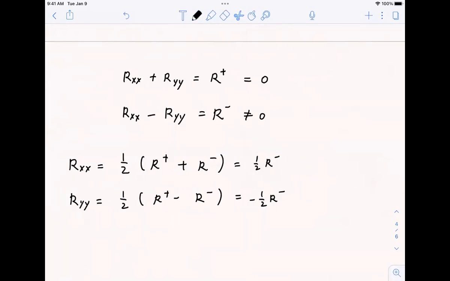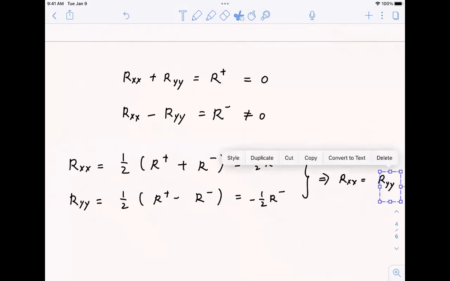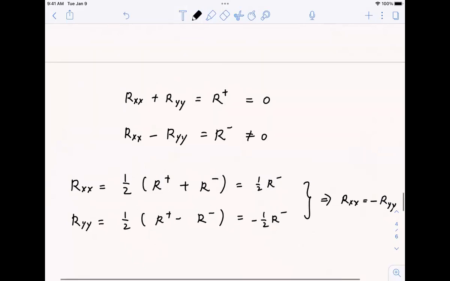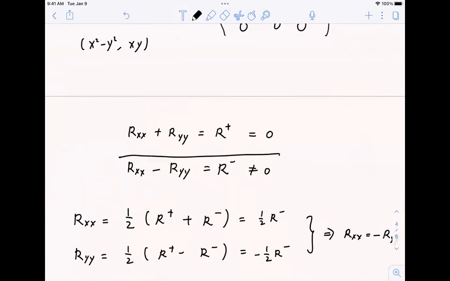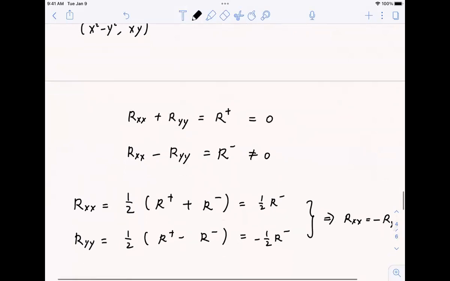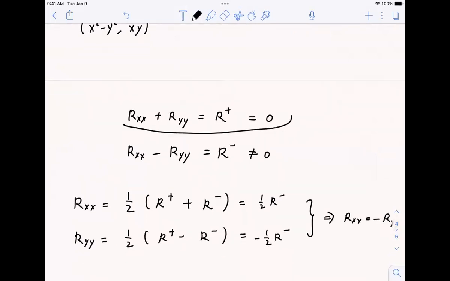So from there, you can deduce that they're negatives of each other. Is that okay? Because group theory only tells us that this one is finite. That means this one is 0. So these two, x and y, are not independent of each other, because their sum is 0.